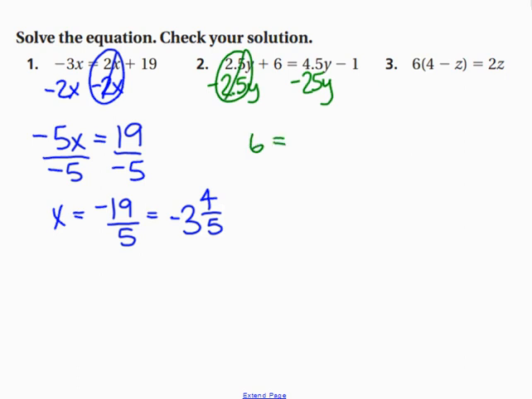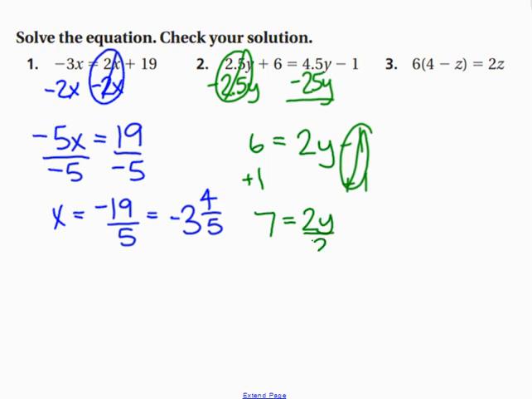I've got 6 equals 4.5 minus 2.5 is just 2. And then bring down the minus 1. Add 1 to both sides. So 7 equals 2y. Divide by 2. And y is equal to 7 halves. 7 halves is the same as 3 and 1 half.